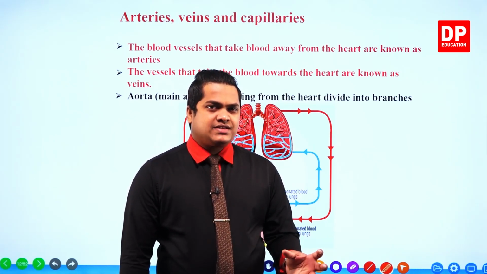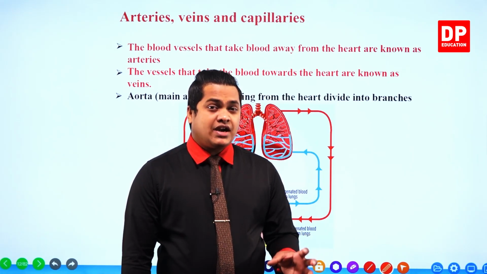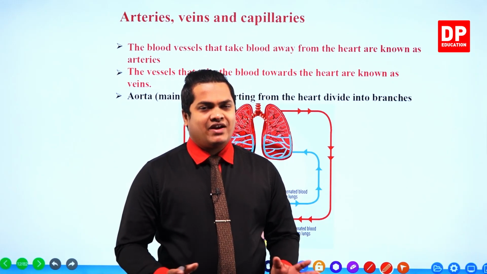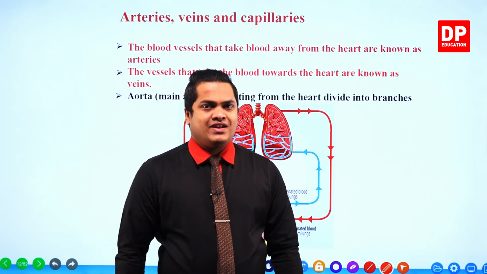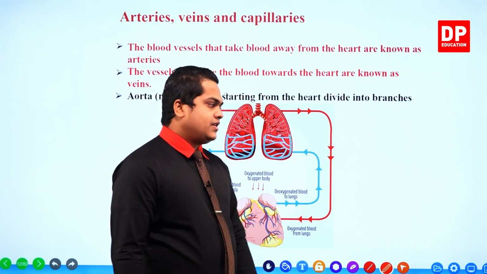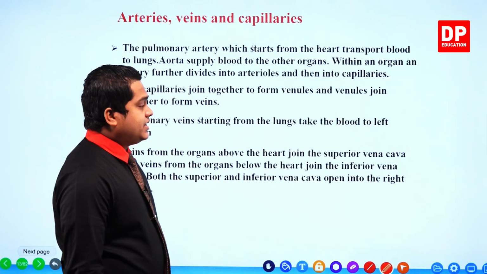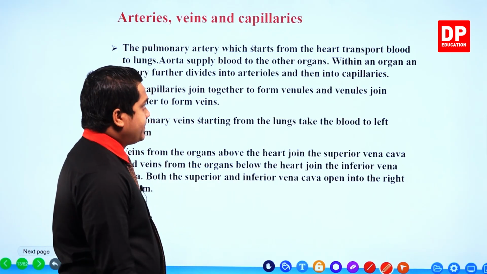The main artery contained within the body is called the aorta. It divides again into several main arteries. The pulmonary artery, which starts from the heart, transports blood to the lungs. We already know that, right? And the aorta supplies blood to other organs. That one also we know, right?